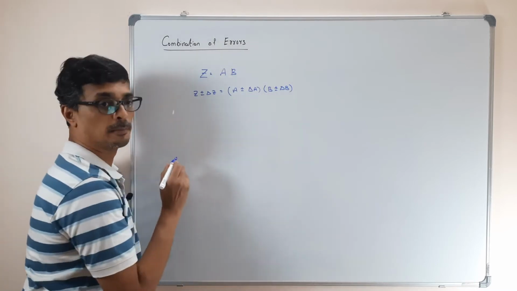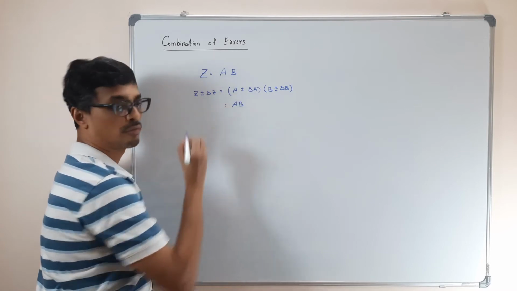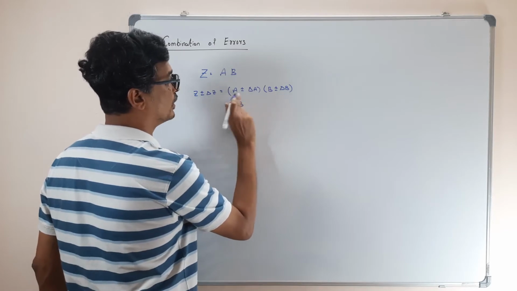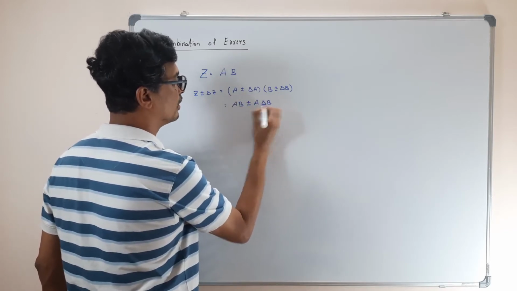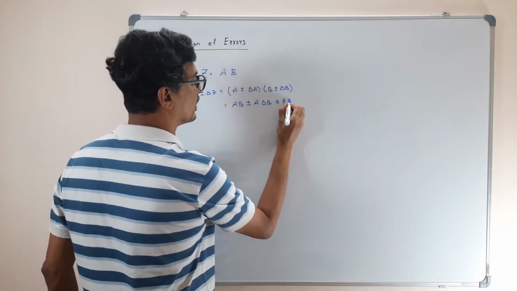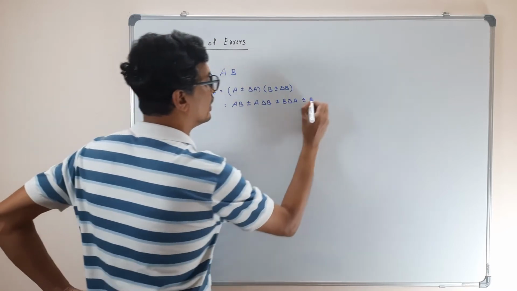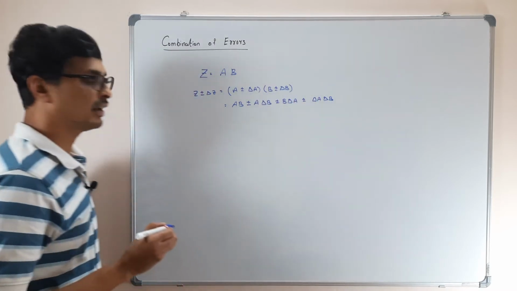Let us open up. What will this be? AB plus minus A delta B plus minus B delta A plus minus delta A delta B. Correct?